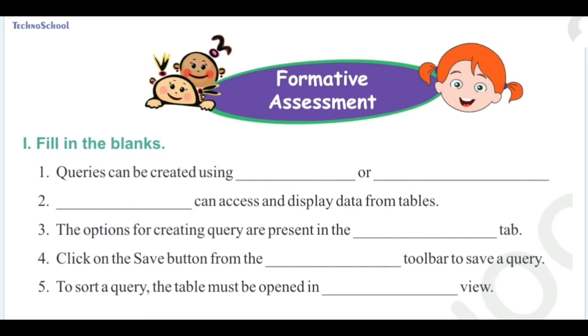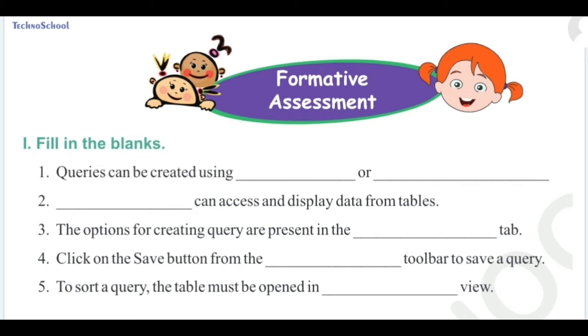Here they are asking how we can create queries in MS Access. There are 2 ways we can create queries in MS Access. I hope you know the answer: query design view and query wizard. Using these 2 features of MS Access, we can create queries. On page number 34, you can see the answer for this question.